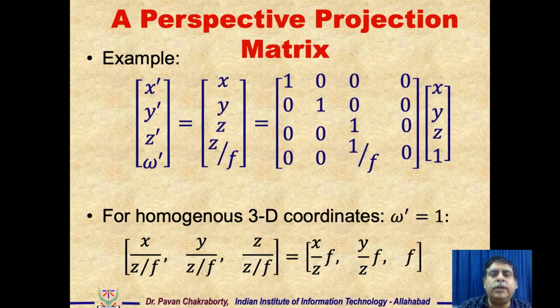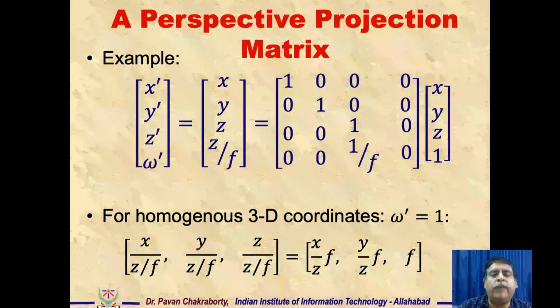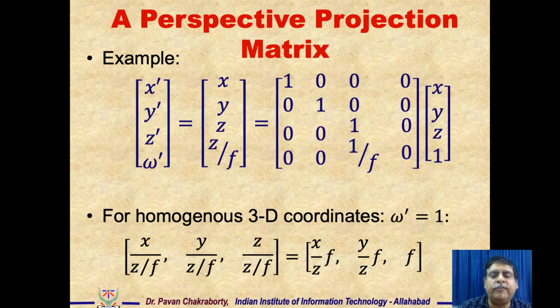So to obtain homogeneous coordinates, we need to normalize x, y, z by z by f. So I get my new coordinates, or in the 4D real domain, the coordinates are x by z by f, y by z divided by f, and z by z divided by f. This amounts to values of x by z times f, y by z times f, and f.